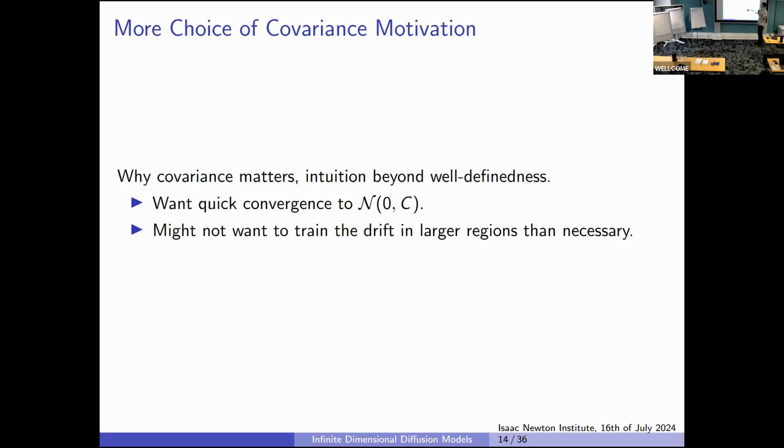And also just from a training perspective, maybe if you're adding noise which has a covariance structure, you're just going into a much smaller region of the space in some sense. And maybe you can actually gain something by not having to train the neural network in all of the space, but just in this smaller region.